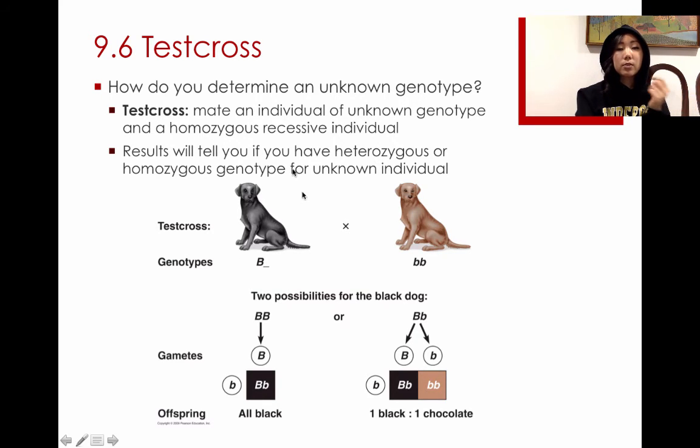Whereas if the original organism was heterozygous dominant, then the offspring could either be dominant, or could also possibly express the recessive phenotype. And so based on the offspring here, you can figure out what the original genotype is of this parent organism.